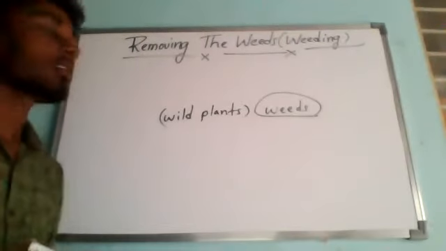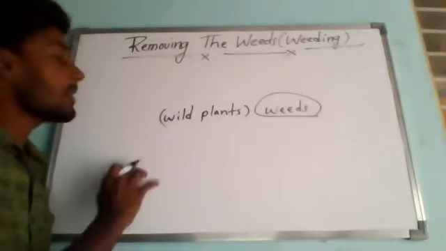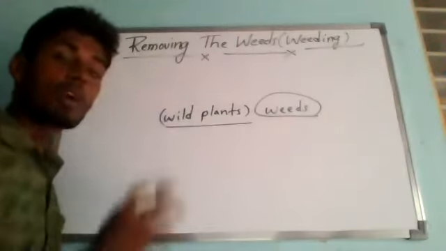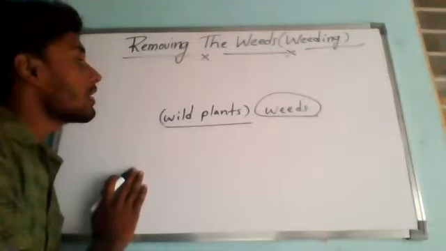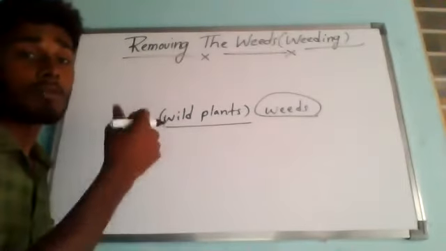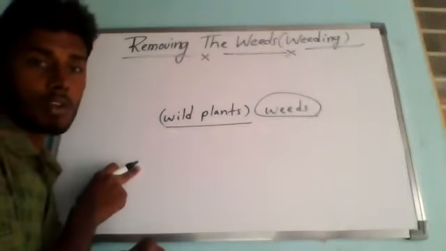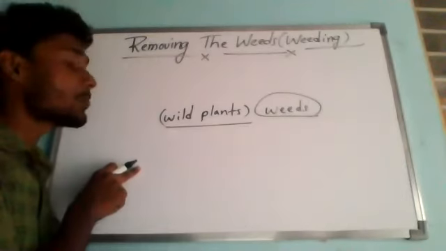Are you able to understand it? When you are cultivating any kind of food grains, these wild plants will grow naturally. Whatever fertilizers, water and sunlight we provide, these wild plants will absorb more, even including the space.